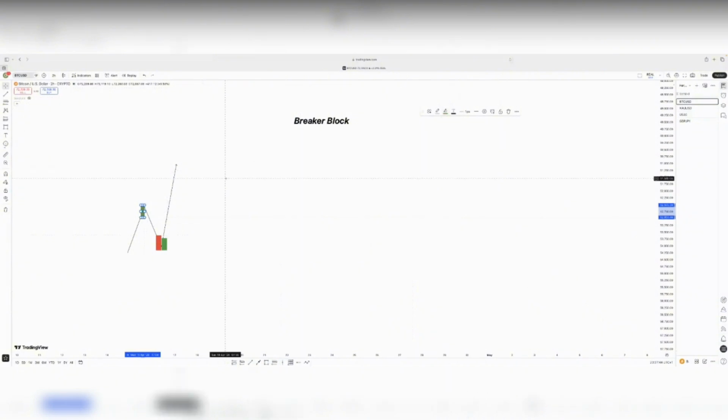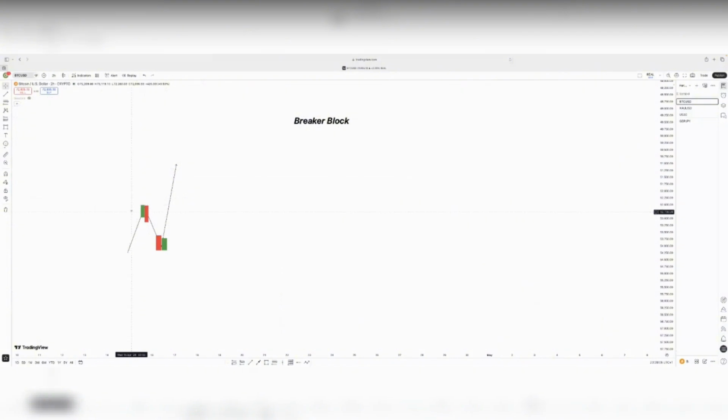I said a valid order block is the one that creates a new high. That's what I said. A valid order block must create a new high before a reversal.